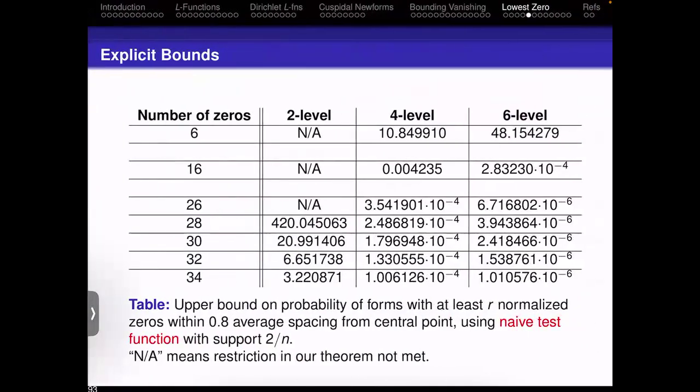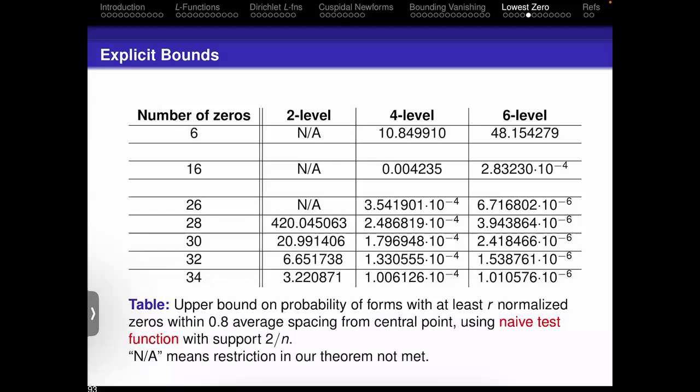We get similar percentages. I had mentioned earlier that some of my results are bad. 420%, obviously absurd, but eventually the results get better in terms of bounding. How often do we have at least, say, 34 zeros in an interval about 0.8 of the average spacing? Well, if the average spacing is 1, 0.8, last time I checked, which was this morning when I was practicing, is less than 1.